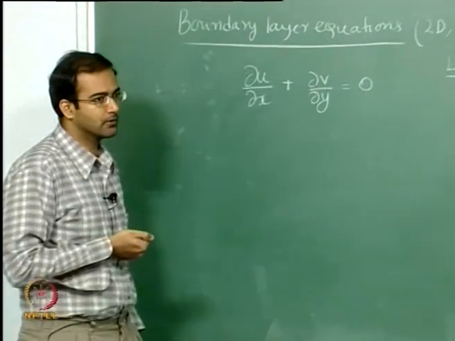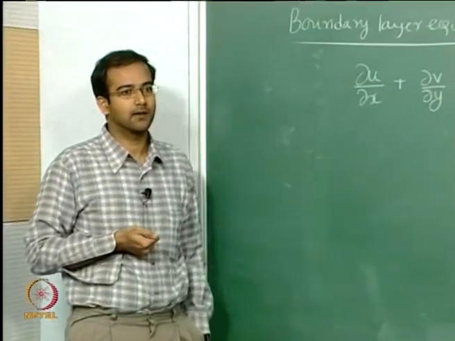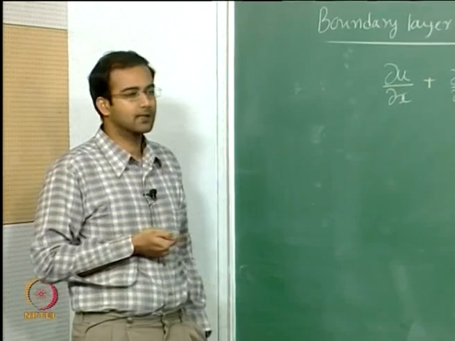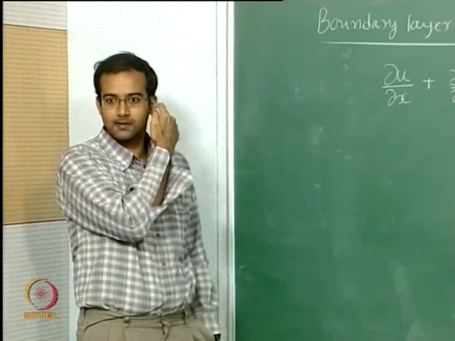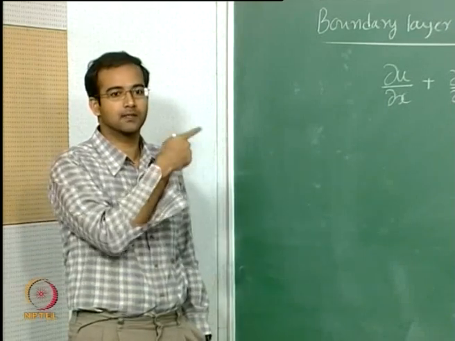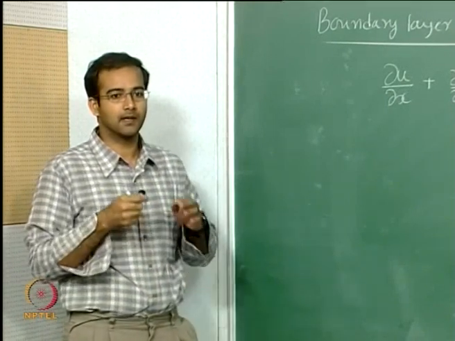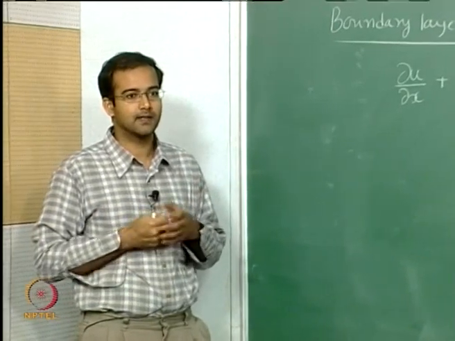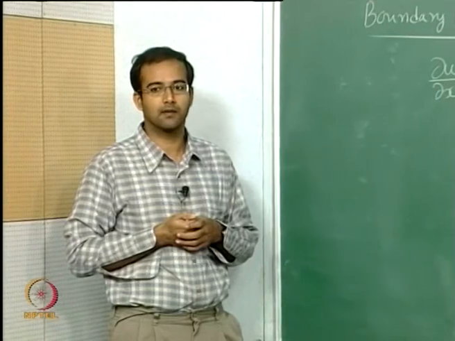So in order to model turbulent flows, we construct what are called Reynolds averaged Navier-Stokes equations. We average the equations that we have, and we can do different kinds of averaging. Of course, for steady state it doesn't matter, we have ensemble average.